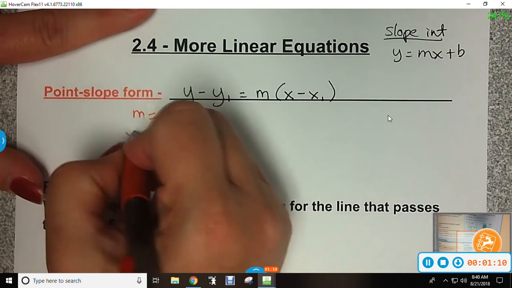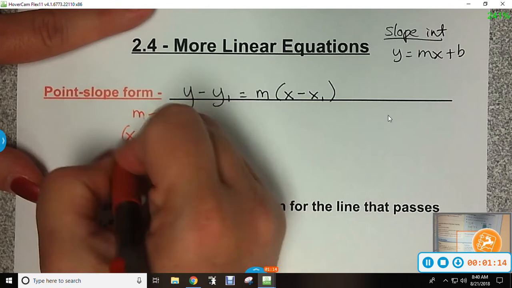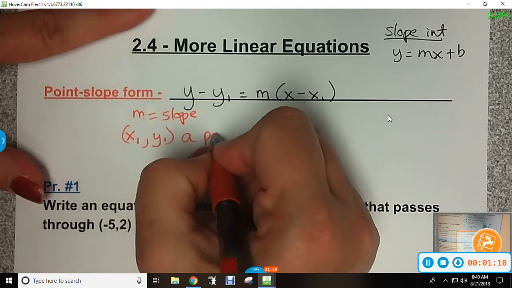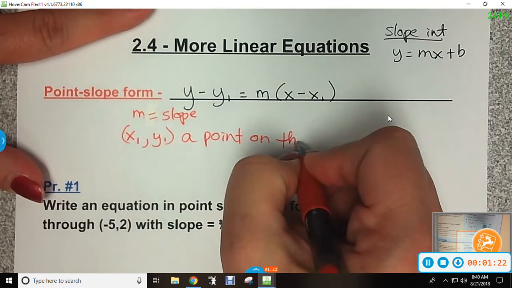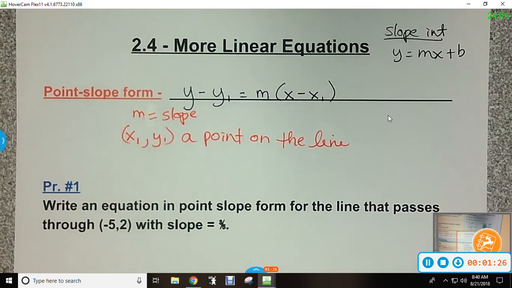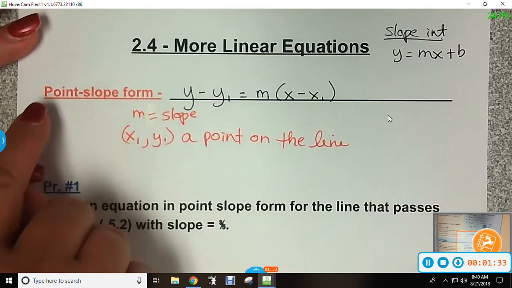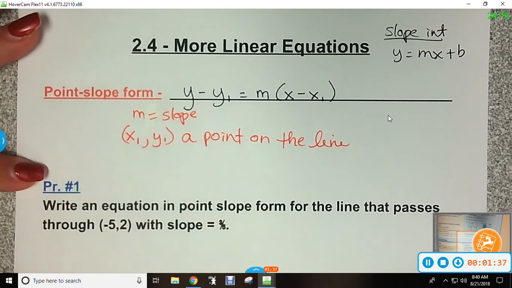And the x sub 1 and the y sub 1, those come from a point on the line. Okay, so point-slope form is exactly what it sounds like. In this form, you're going to take a point on the line and the slope and plug them in.